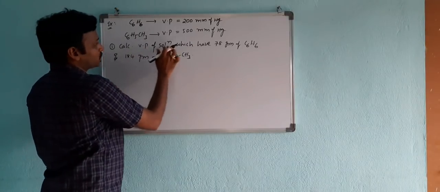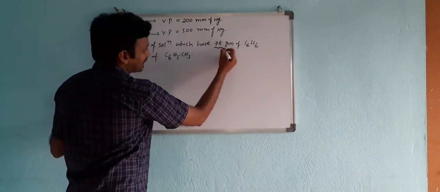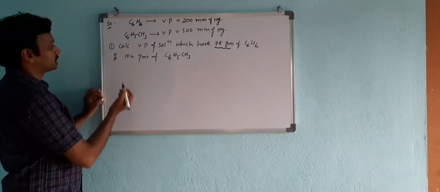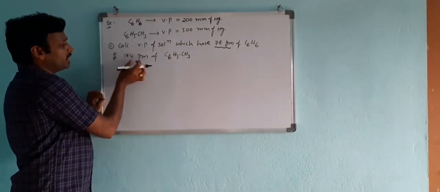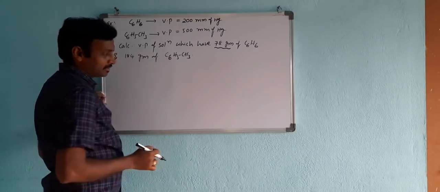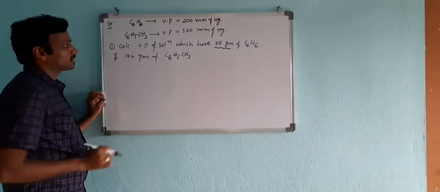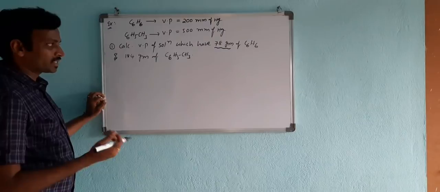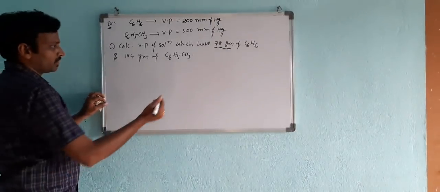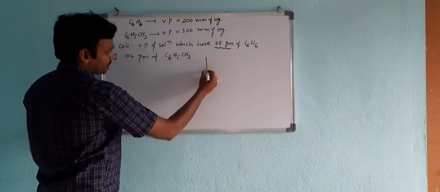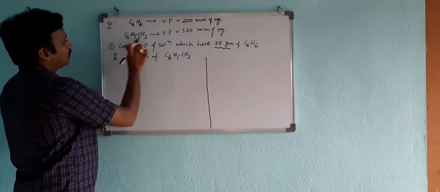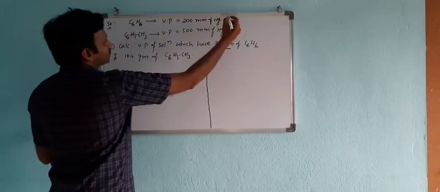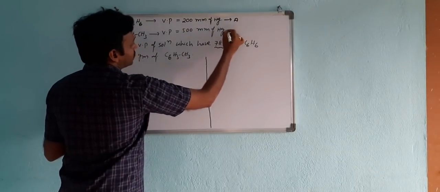Calculate the vapor pressure of the solution which has 78 grams of C6H6 and 184 grams of toluene. This is our first question. The next question we will see later. First let me explain this. So here you have the vapor pressure of, suppose this is A and this is B.